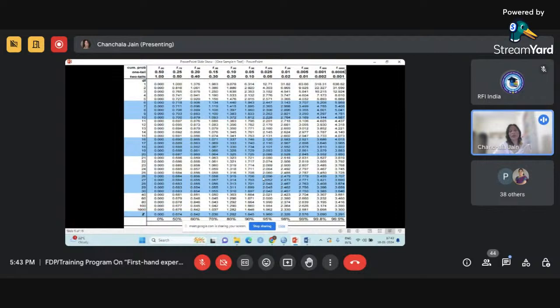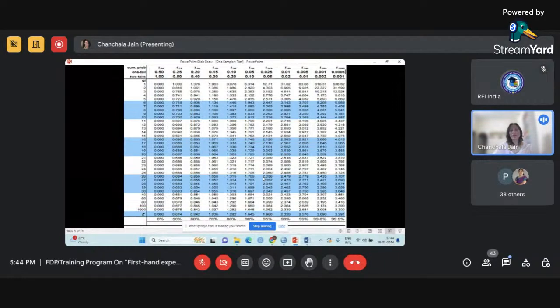So for example, the critical value of t. One thumb rule I have already explained to you, that is the p value thumb rule, which says that when the p value is less than your level of significance, you are going to reject the null hypothesis, and vice versa, you will accept your null hypothesis.